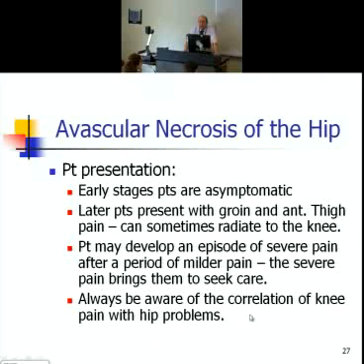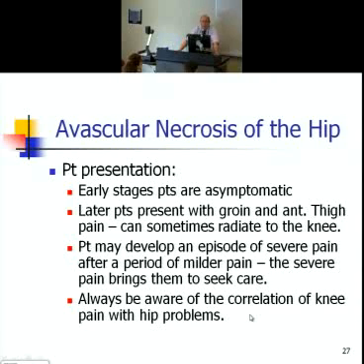So initially, in the earliest stages, these patients are asymptomatic. So you don't even know the process is going on. Later on, they may present with groin or anterior thigh pain. Sometimes they'll have some knee pain with it, or they may just present like Bo Jackson did with a fracture. Not to say he wasn't having some hip pain.